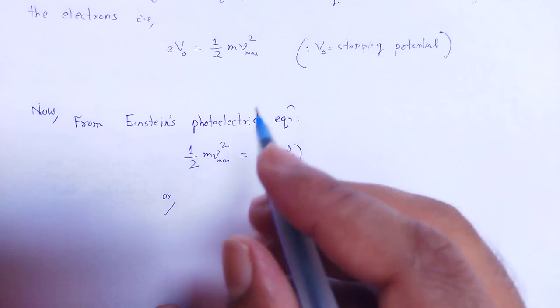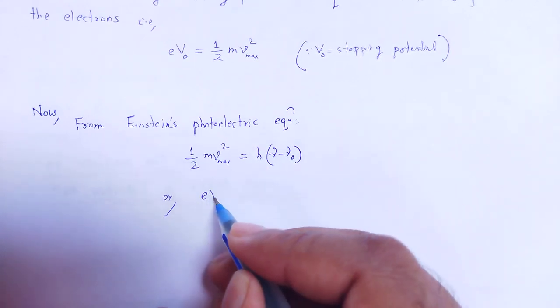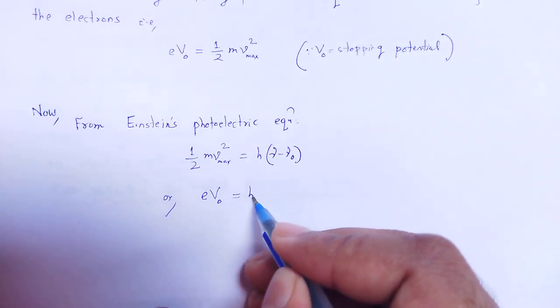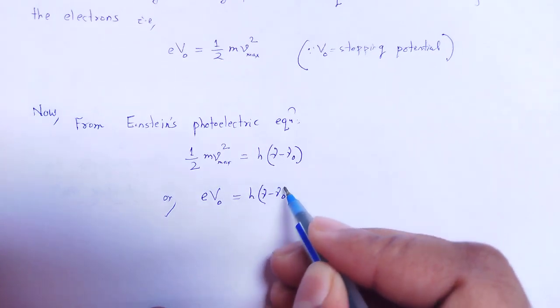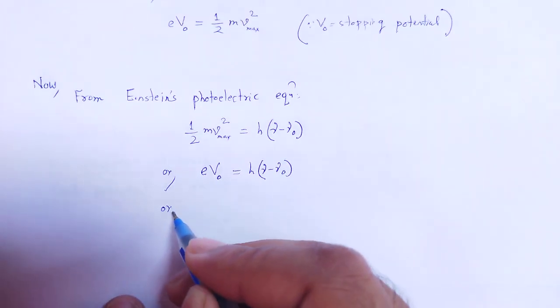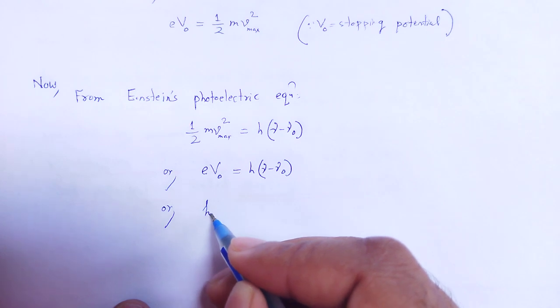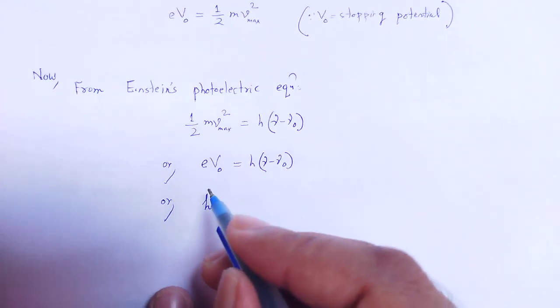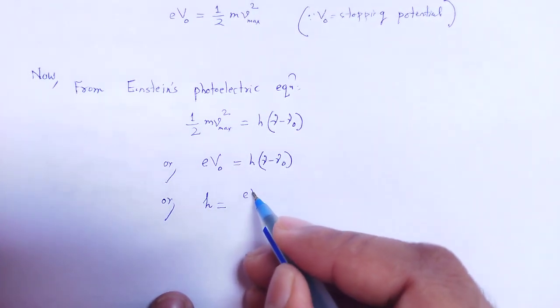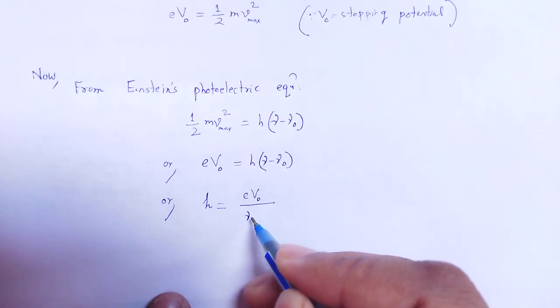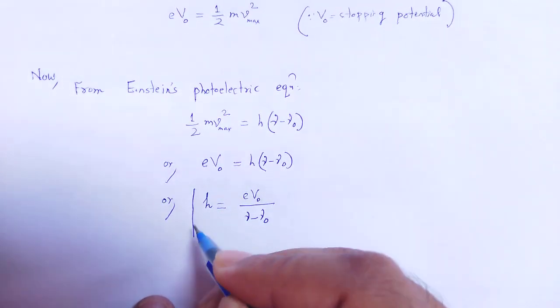Therefore, e V naught equals h into nu minus nu naught. So the value of h, the Planck constant, can be easily evaluated by the formula e V naught divided by nu minus nu naught.